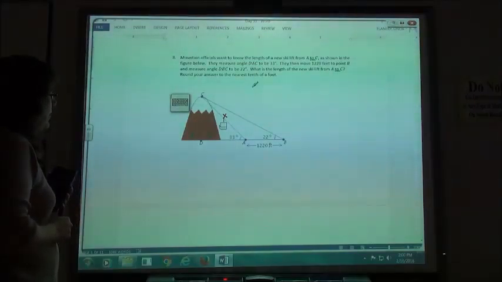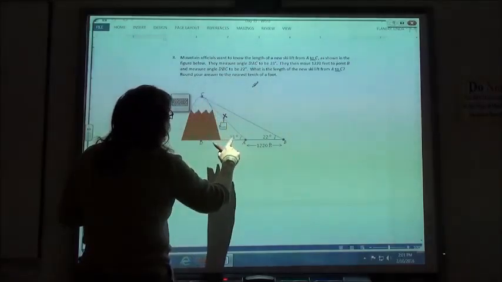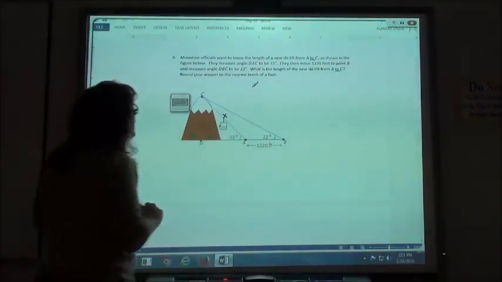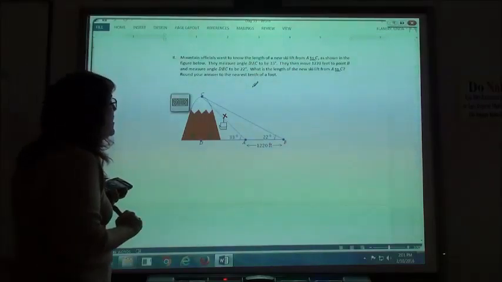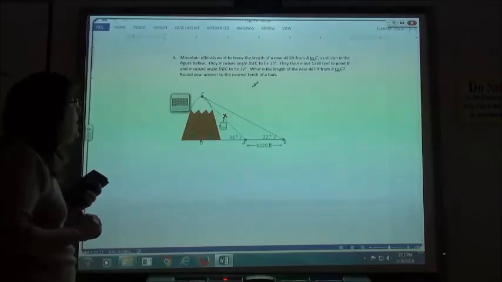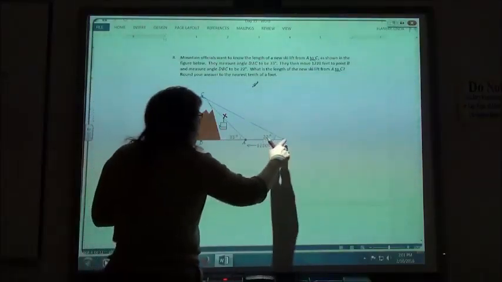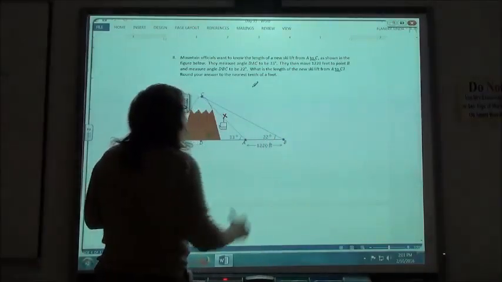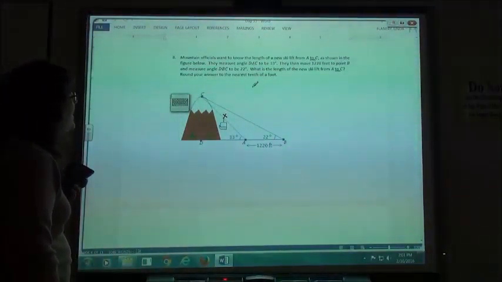They measure angle DAC, this angle down here, to be 33. They then move 1,220 feet to point B. So from A to B was 1,220. Measured angle DBC. DBC is this angle here, which is 22. What is the length of the new ski lift from A to C?